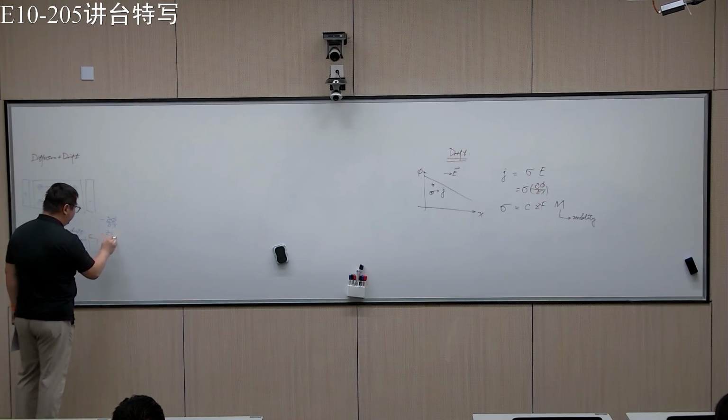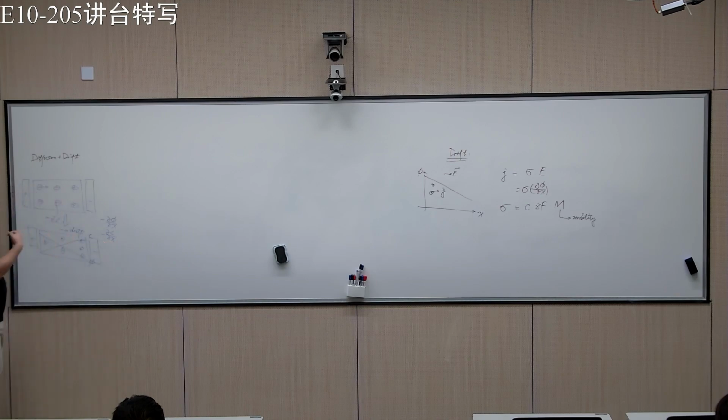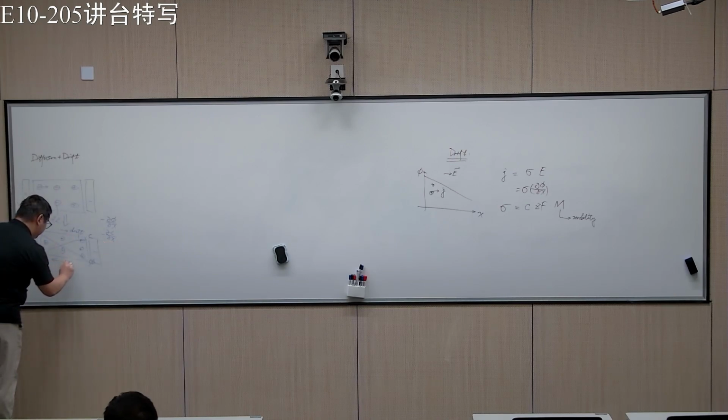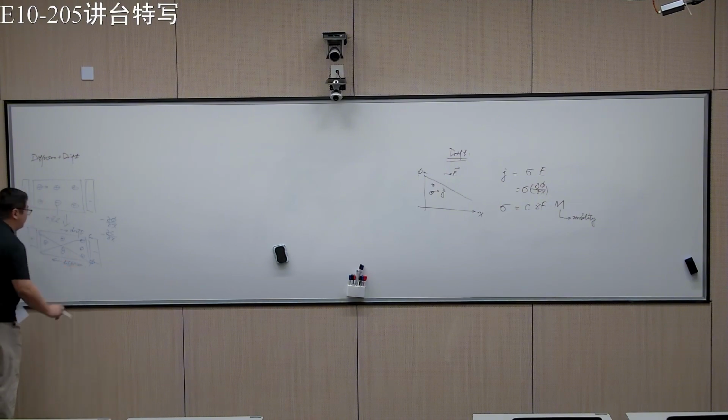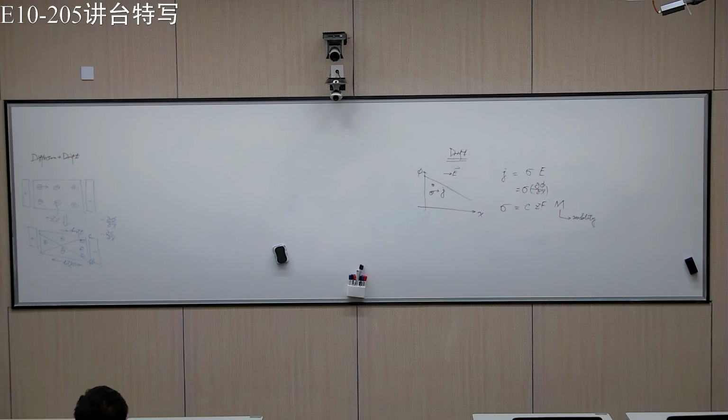However, for diffusion, it's going this way. So at some point, the drift and diffusion are going to cancel out. The system reaches equilibrium or steady state. So we want to find out what condition the drift and diffusion need to satisfy to cancel out. This is what we want to do.